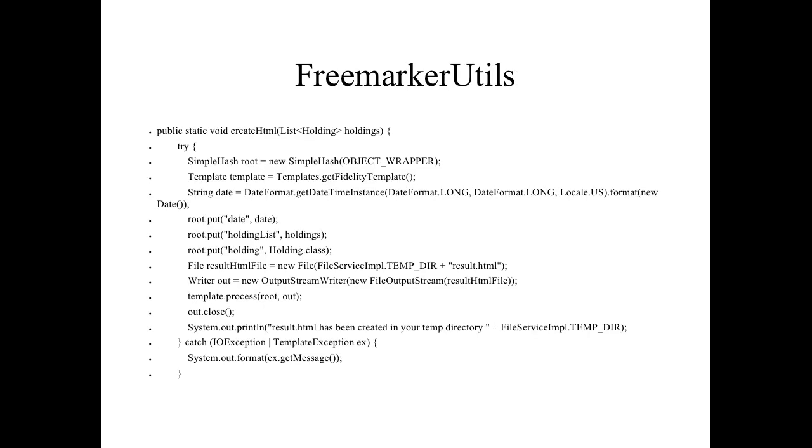So here's what we've got now, a way to create some HTML from a list of holdings. And we'll get the fidelity template from a static string, which contains a mixture of HTML and FreeMarker variables. And we put these things into our little hash map, and then we proceed to do the process of the output stream, and that will allow us to output the results to our console.